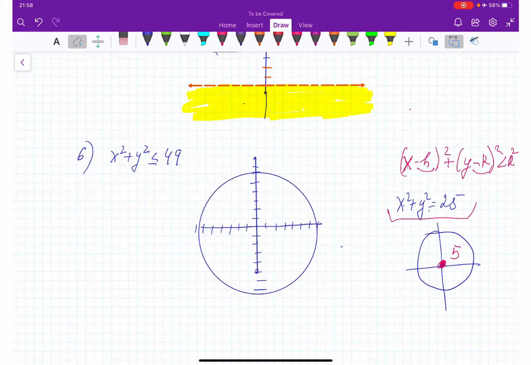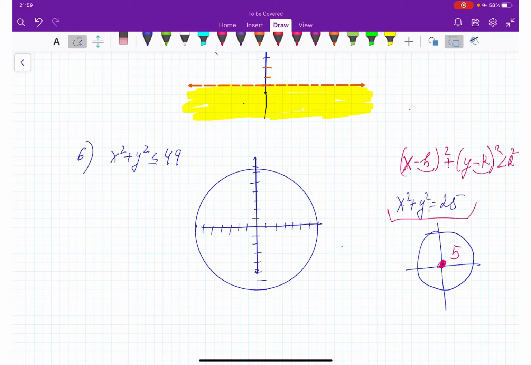There we go, we have it. So this is radius 7, x squared plus y squared equals 49, which is radius 7, the square root of 49.